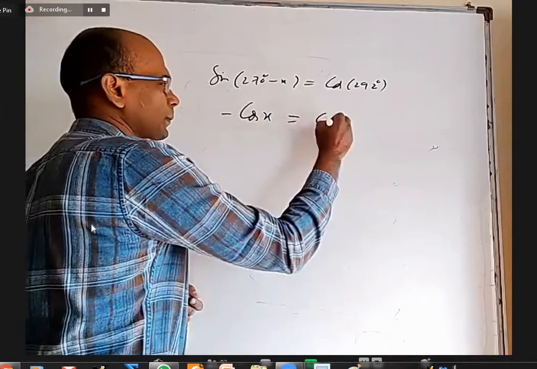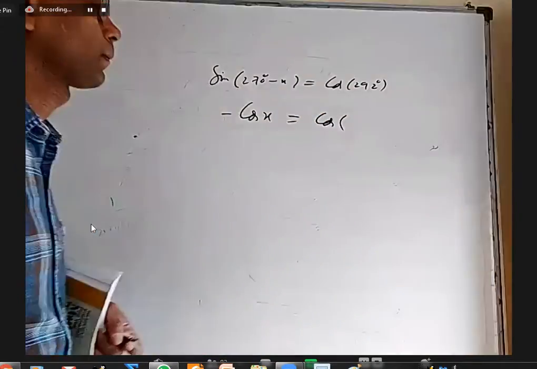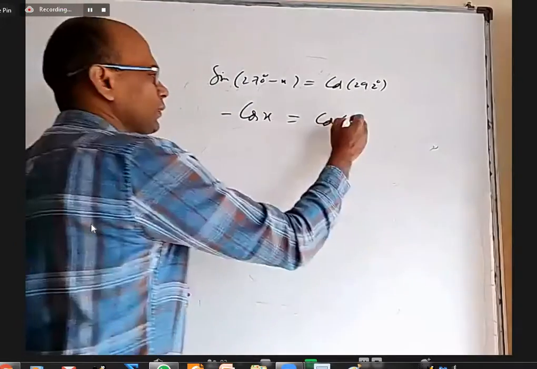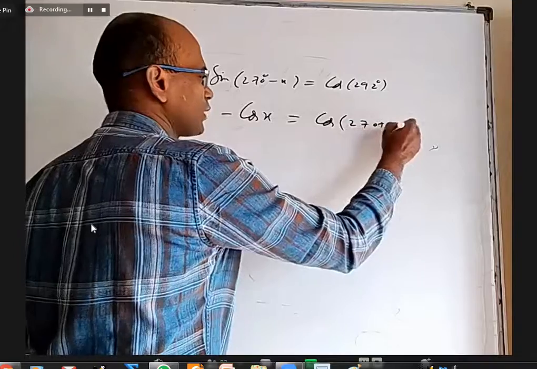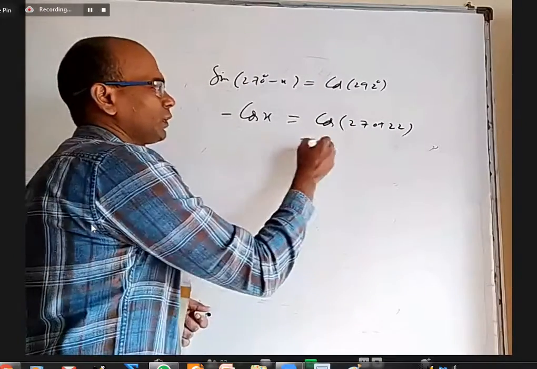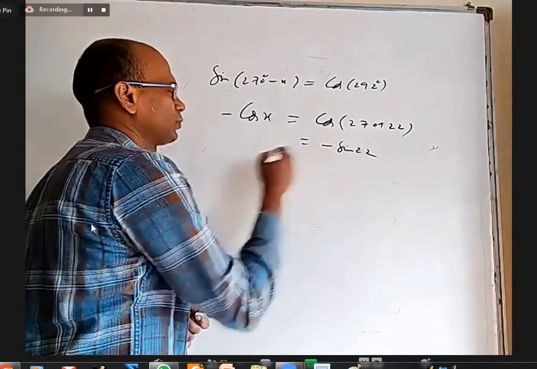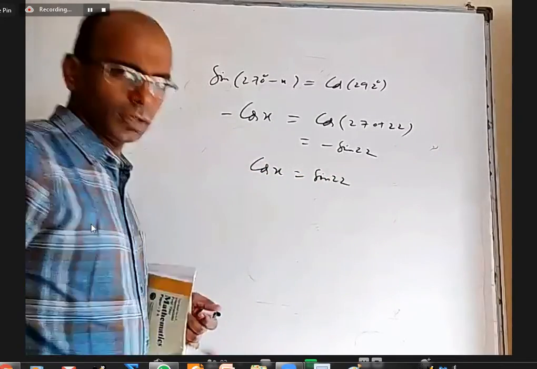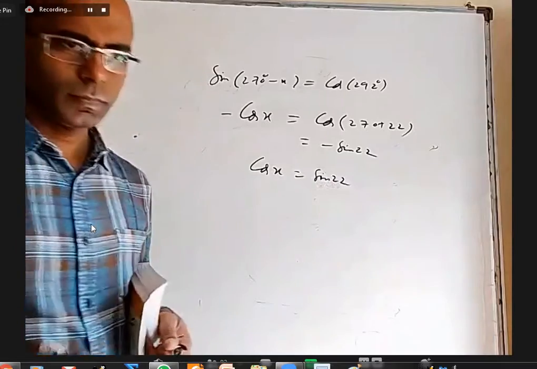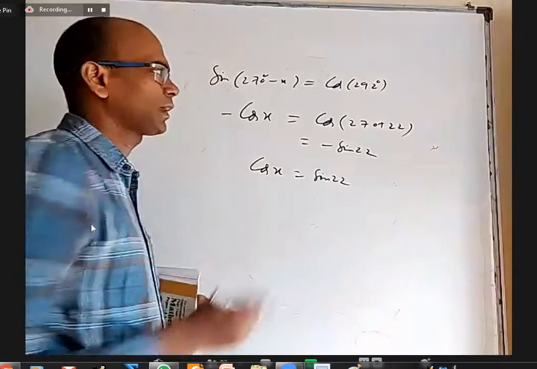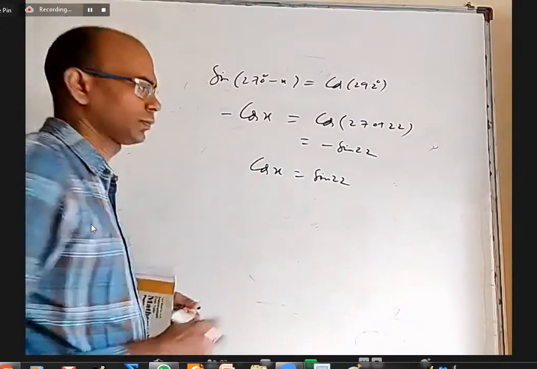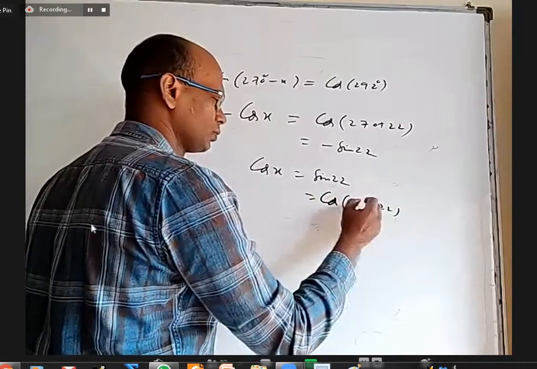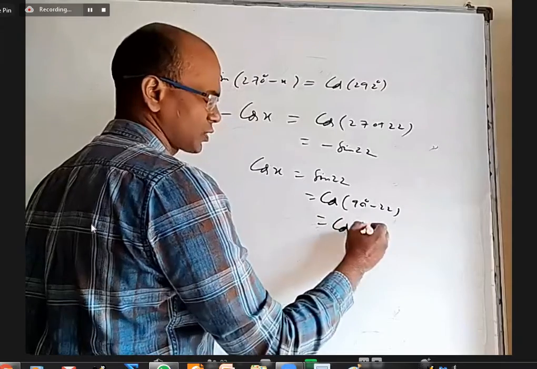This also I can write 270 plus, let us see what happens. 270 plus 22, that is minus sine 22. So we will get cos x is equal to sine 22. But we want in terms of cos. So we can write this as 90 minus, right? We can write this as cos 90 minus 22, which is cos 68.